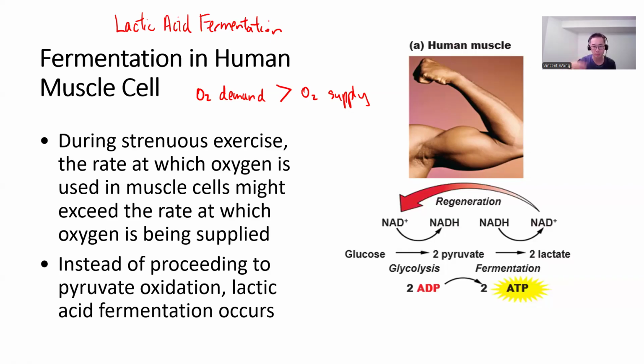You're not going to be able to supply it. But you can still go on for another 10 seconds or something before it completely gives up. So during that 10 seconds of extended duration, your body basically switches to fermentation in those muscle cells. Okay, so what is the purpose of fermentation?